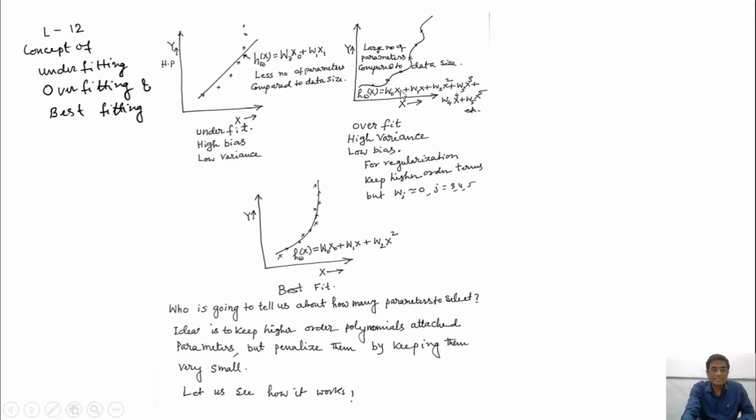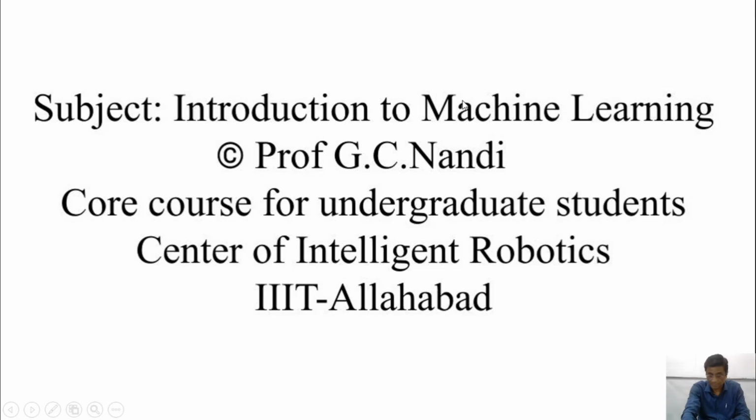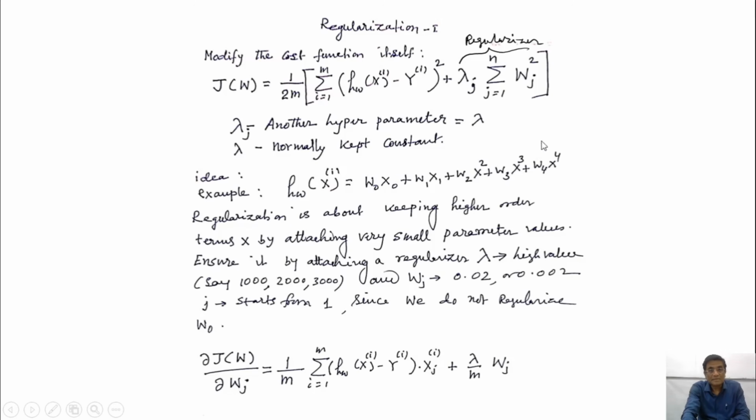It's as simple as this. Try to keep as many parameters as needed, so that you can best fit the sample, and make them also generalize by keeping those parameters very small. Incorporating that in my cost function actually allows me to determine wj as required.